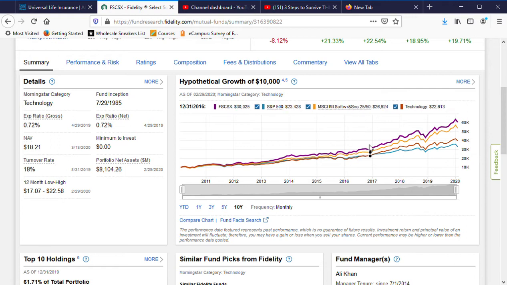So I've always told people to make sure whatever stock you choose beats the S&P 500 or the Dow. The reason is because you want it to perform better.